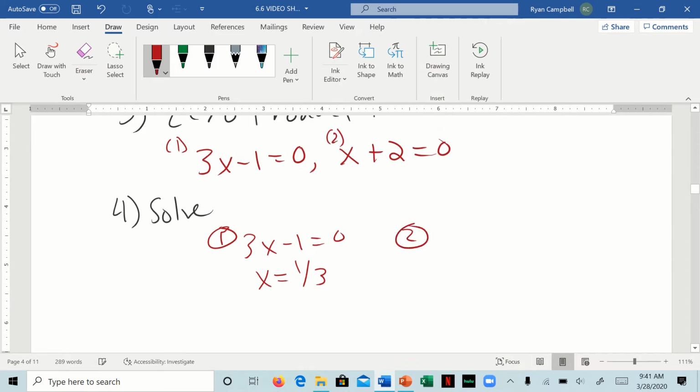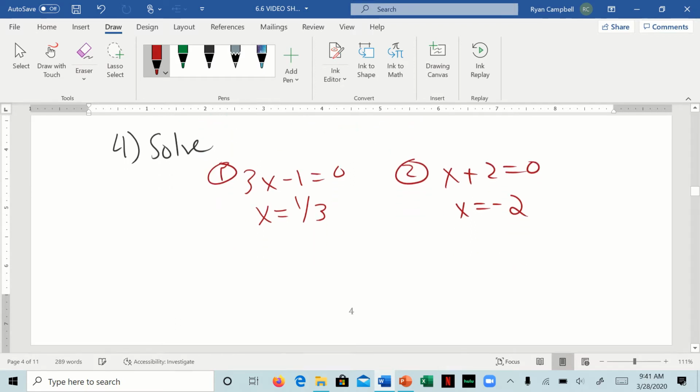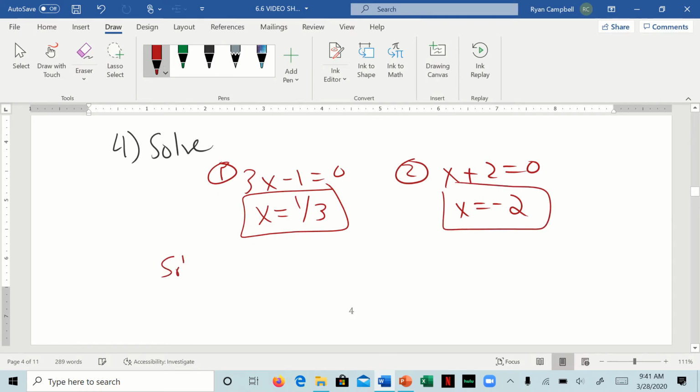For the second equation, x plus 2 equals 0, which means x equals -2. And these are our answers. Our solution set is two different numbers, 1/3 and -2. And that's it. We're done.